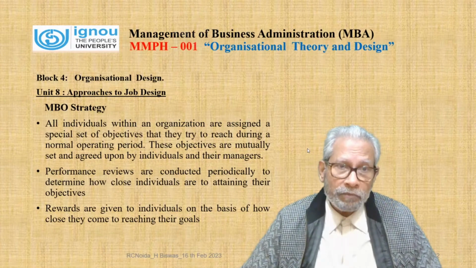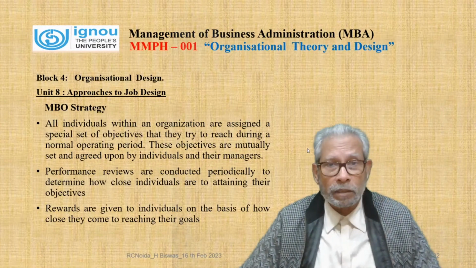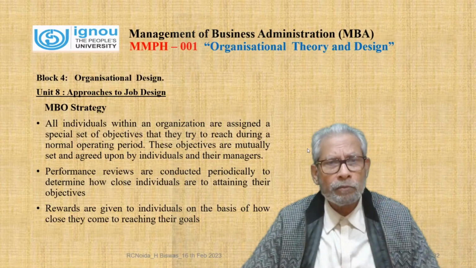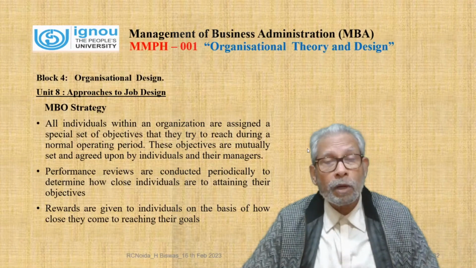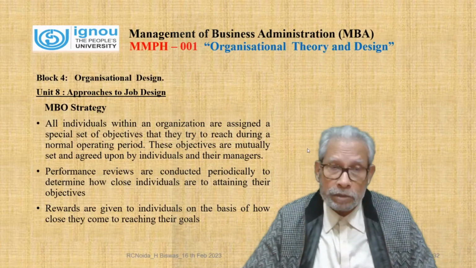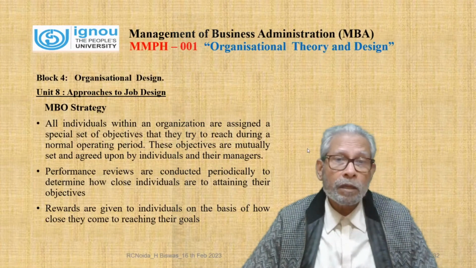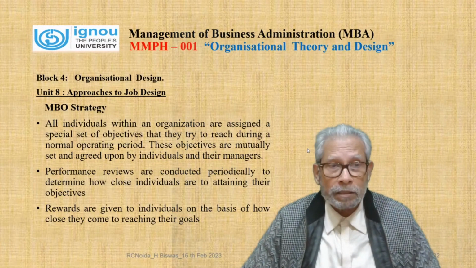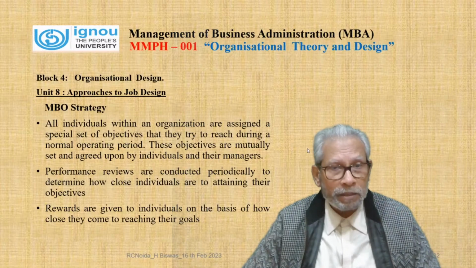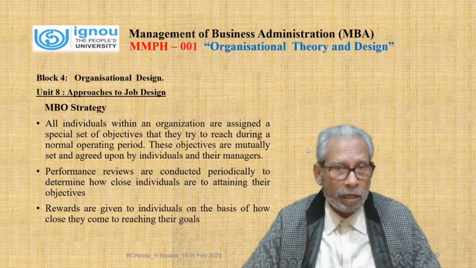Now, performance reviews are conducted periodically. Once the agreement is finished, they have to start their jobs. Now, managers have to see whether they are performing at par with the agreement, what they have already decided or set. Maybe the target is fixed at 3 months or 6 months; within this period they have to do it.